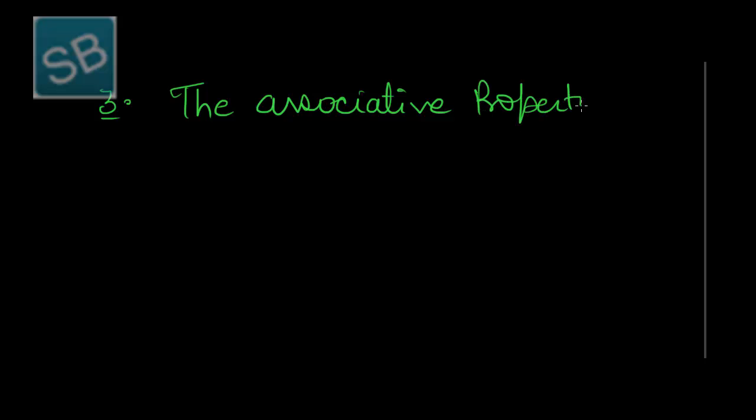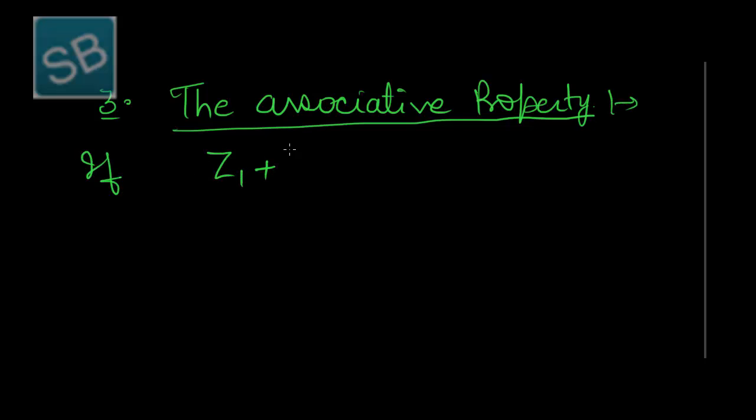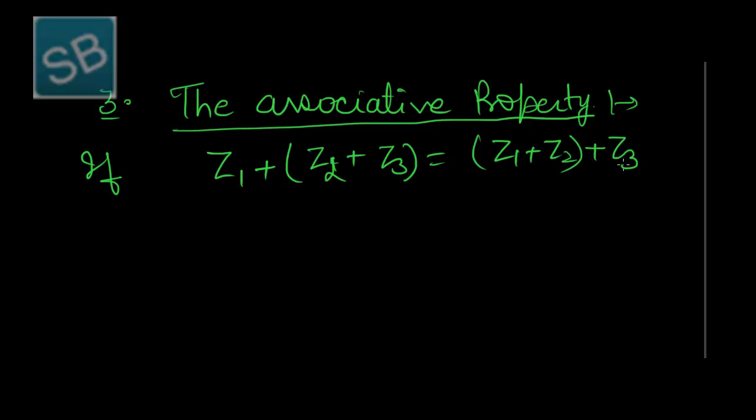Now the third property is the associative property. In this, if Z1 plus the sum of Z2 plus Z3 is equal to the sum of Z1 plus Z2, then adding Z3, comes out to be the same, then it is called the associative property is fulfilled.